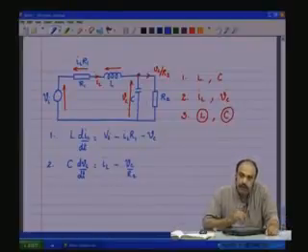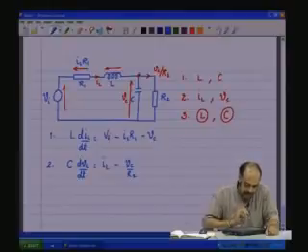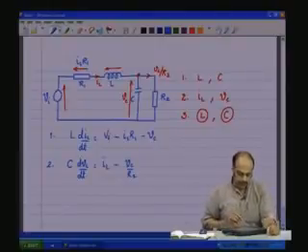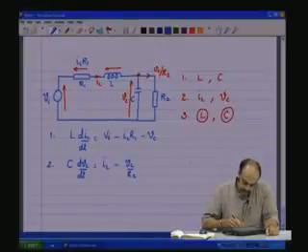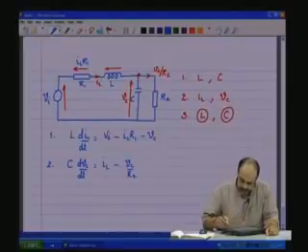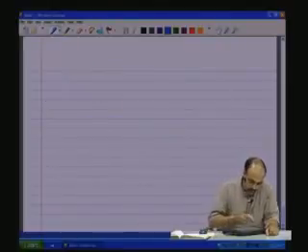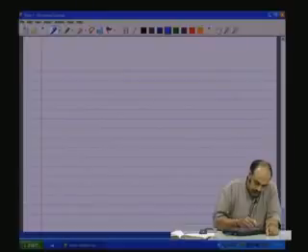However, we need to put it in the standard form, express it in the standard form. So let us define X. Now let me go to the next page. Let me rewrite these two equations.